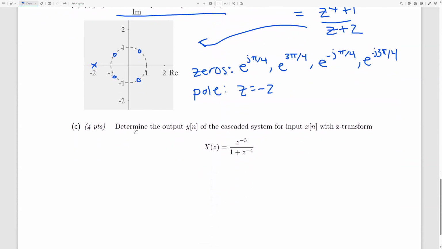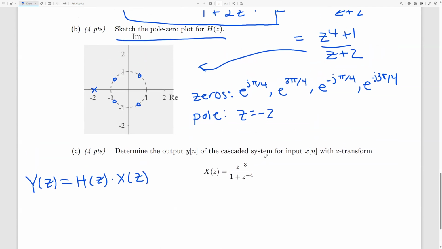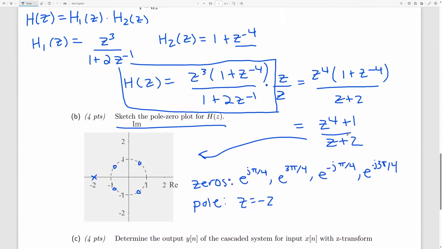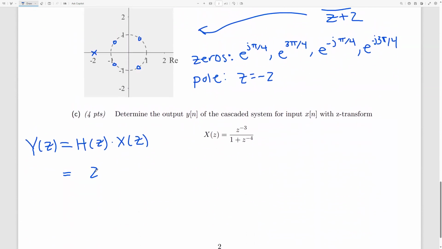The last part is saying determine the output y of n of the cascade system for input x of n with this z transform. So what you need to know here is that in the z domain, Y(z) is equal to H(z) times X(z). You actually probably shouldn't use the simplified form that you have here. You actually just want to go back to the beginning of what you had.